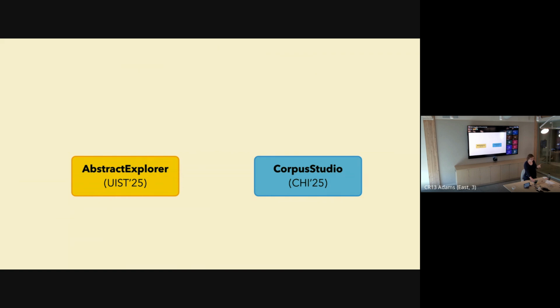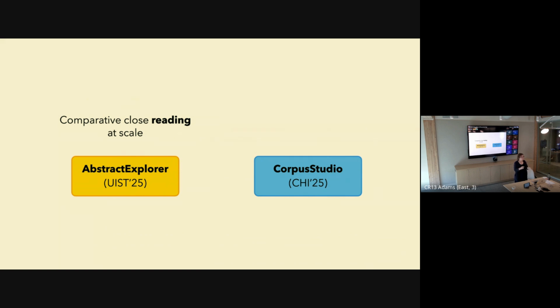Okay, so we've got AbstractExplorer and CorpusStudio. Those are the two projects I'll focus on today. AbstractExplorer is for what we call comparative close reading at scale. Close reading is a term that comes from, say, the humanities, where you're engaged in the text. Distant reading would be the exact opposite, where you're looking at dots, some network graph of citations. Comparative close reading here means we're pre-processing abstracts and aligning them against each other so you can see how they are similar and different at the text of the actual abstract itself.